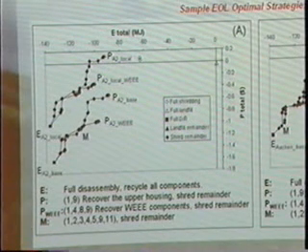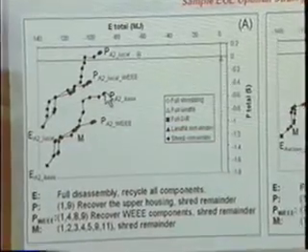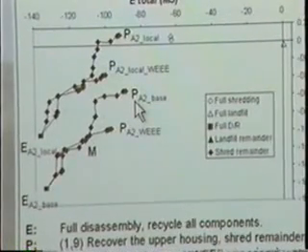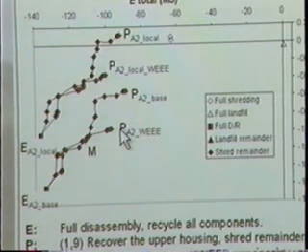Sorry about that. This is Ann Arbor. I'm going to just erase what I just said. This is Ann Arbor under the base case, sending it to North Carolina. This is sending it to North Carolina under WEEE. Here, you've got local disassembly network, and then local disassembly network under WEEE.